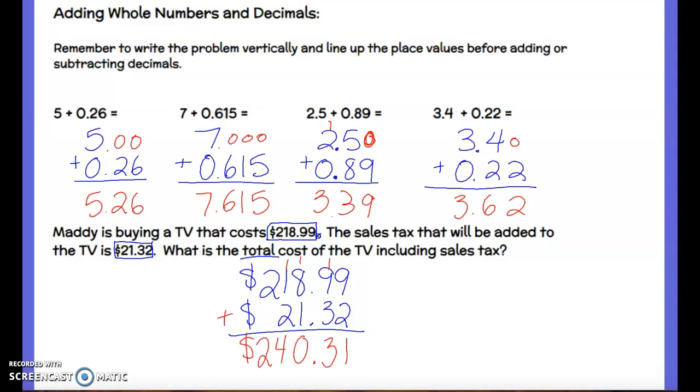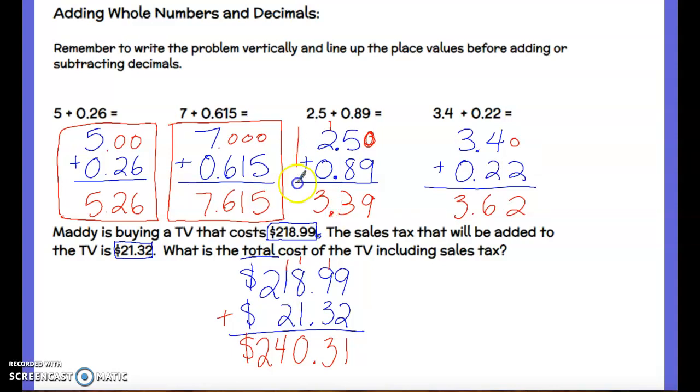Now, these first 2 problems you might have been able to done mentally. Okay, adding your wholes to your decimals together would have had 5 and 26 hundredths, and then 7 and 615 thousandths. On the next one, you might want to add that 0 to keep those place values correct. You would have had 3 and 39 hundredths. And then on our last problem up here, again, adding that 0 to get that 3 and 62 hundredths.